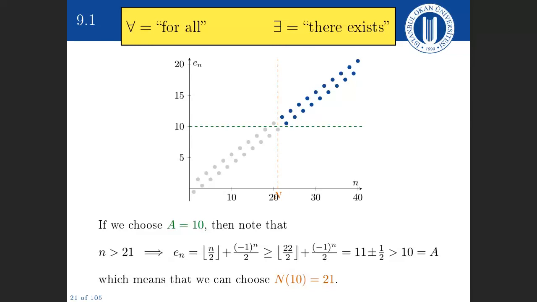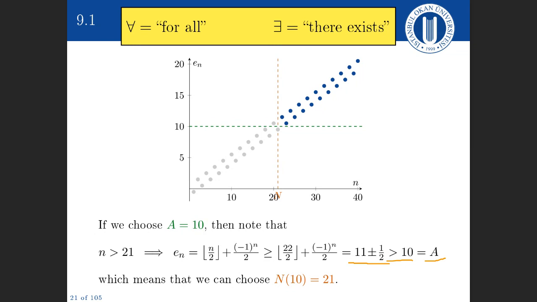For example, let's suppose we start with capital A as 10. Then note that if small n is bigger than 21, then e_n, and I'll leave this for you to check later, is bigger than or equal to 11 plus or minus a half. 11 plus or minus a half is bigger than 10, which is A. So that means that if we wanted to, we could choose capital N of 10 is equal to 21.